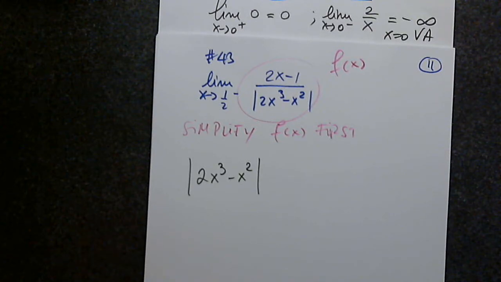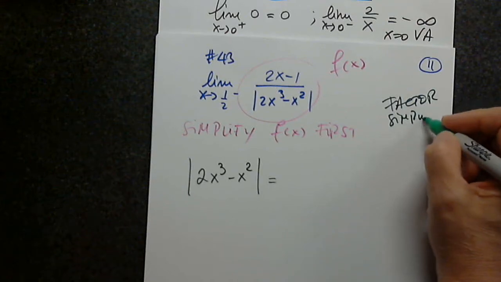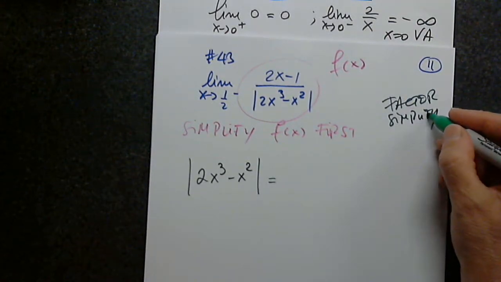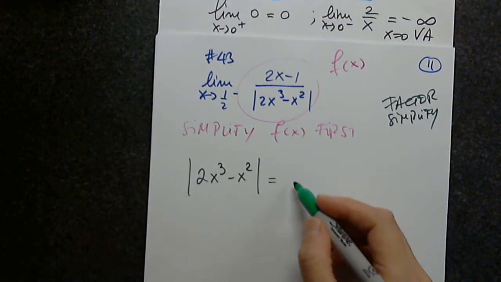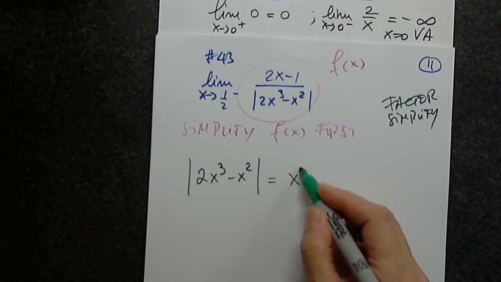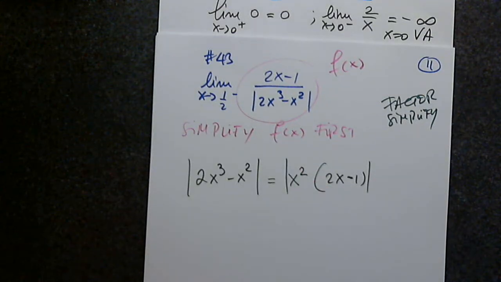But I do see something inside. What do you think I see inside the absolute value? Remember, factor and simplify are the key words. What do I see inside? I see an x squared, and then I see a 2x minus 1. Correct? Yes. I see an x squared as a common factor in both terms. I pull it out.